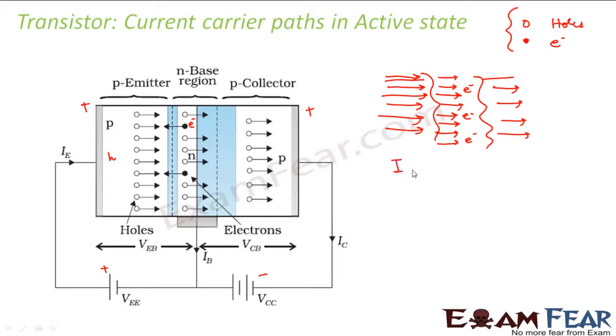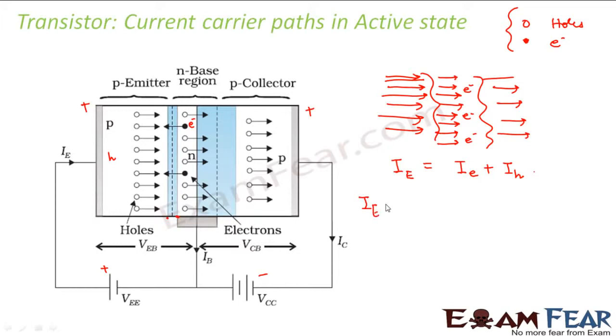So this shows that the emitter current, which was emitted from here, consisted of the electron diffusion current plus the hole diffusion current. That is what the diffusion current is, because when I forward bias this emitter base junction, the majority carriers of P move towards N and the majority carriers of N move towards P. That constitutes the entire emitter current.